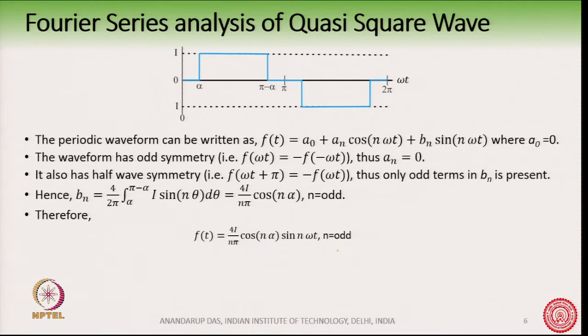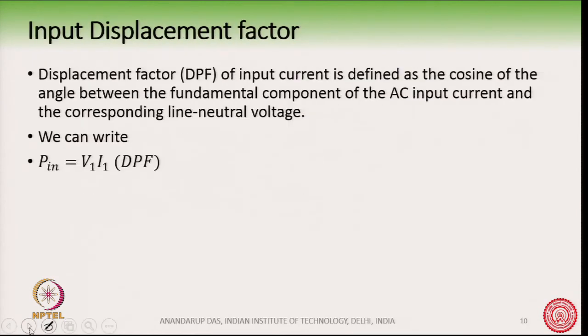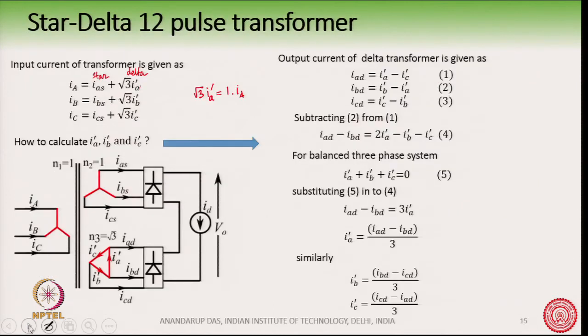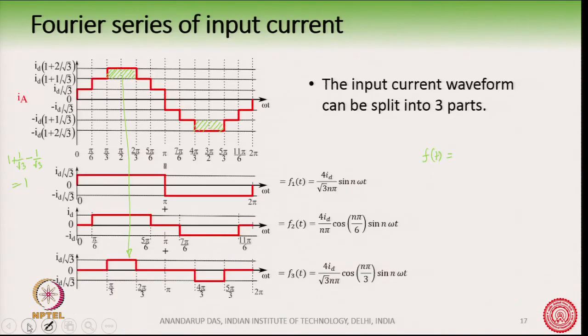That was the generalized expression for an alpha quasi square wave with alpha and pi minus alpha here. Therefore, we can write the Fourier series expansion of this waveform, this waveform and this waveform, and then just add it up.